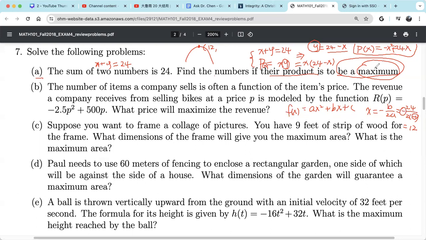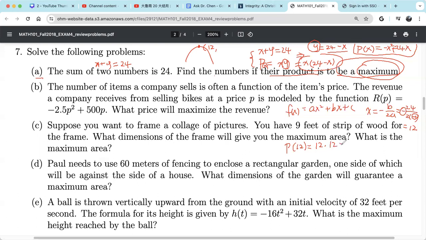But the maximum means the maximum product. So we want to find P of 12. We use this form: 12 times, well, if x is 12, we see from the first equation that y is also 12, because 24 minus 12 is 12.